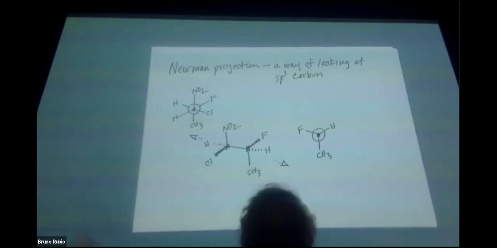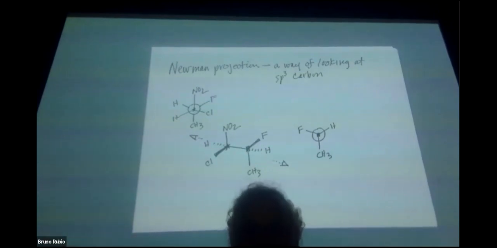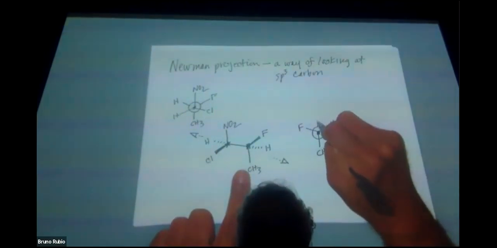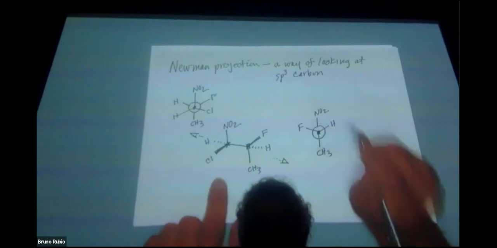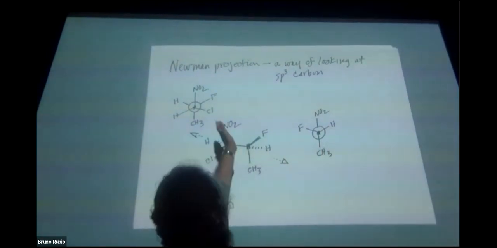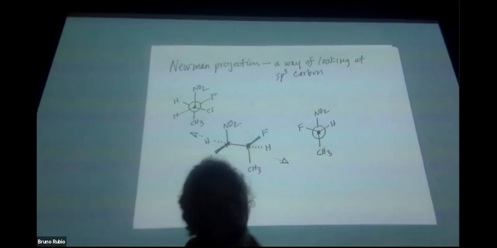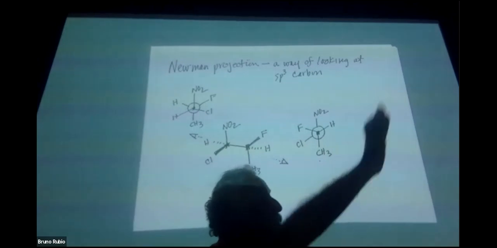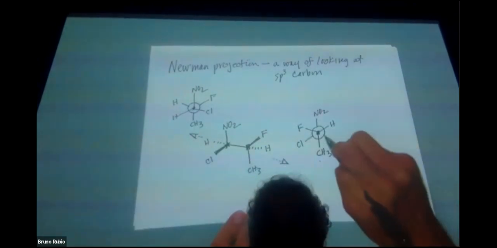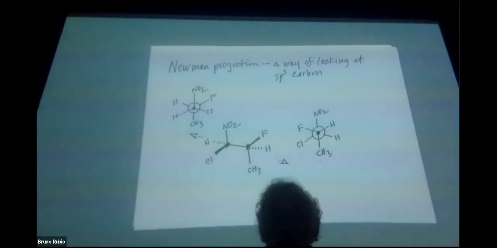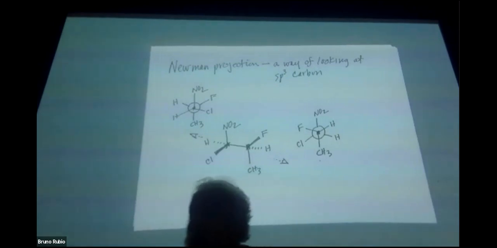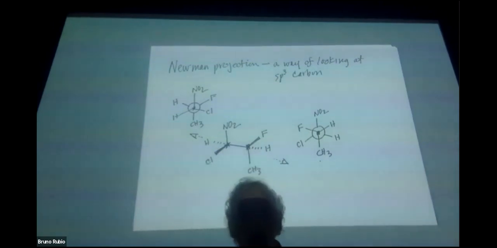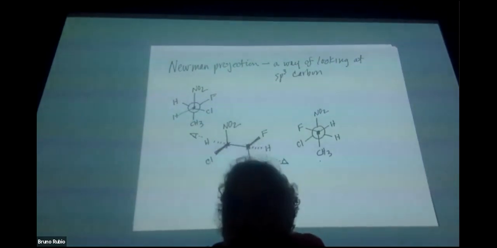I can't see it, but I can see everything bonded to it. So I see that nitro group pointing straight up like that. I see the chlorine on my left pointing toward 8 o'clock. And I see that hydrogen on my right pointing toward 4 o'clock. So there's another Newman projection of this very same molecule. It looks different because my vantage point has changed.